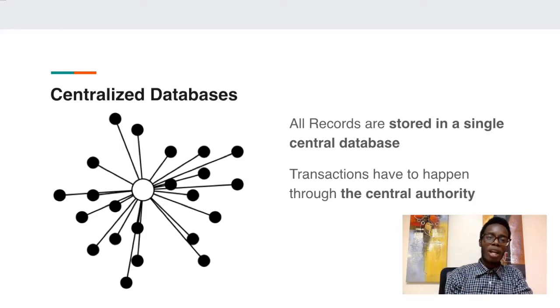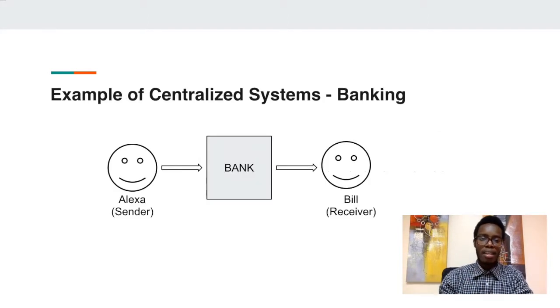Now, let's look at an example to help us understand centralized databases more. One very, very common example that each and every one of us is familiar with is the banking system. A bank is the perfect example of a centralized system. Imagine Alexa would like to send money to Bill. In our current model, she'd have to send this money through the banking system.